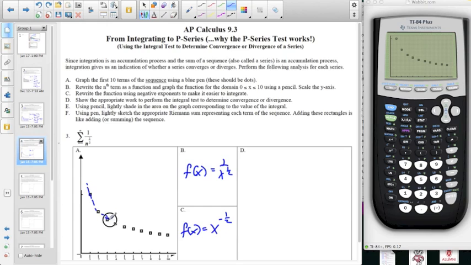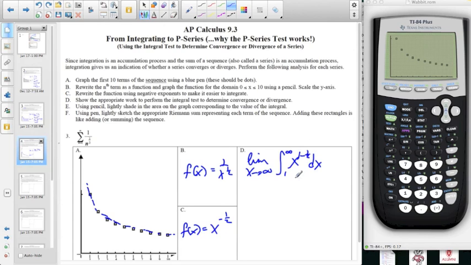And so as we're determining the area under this curve, we can write the limit as b approaches infinity of the integral from 1 to infinity of x to the negative 1/2 power dx.